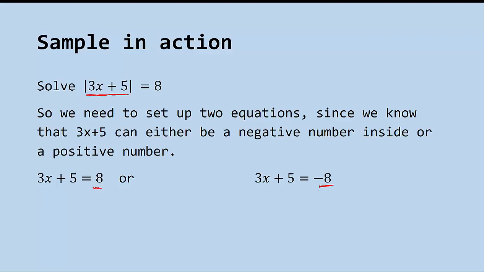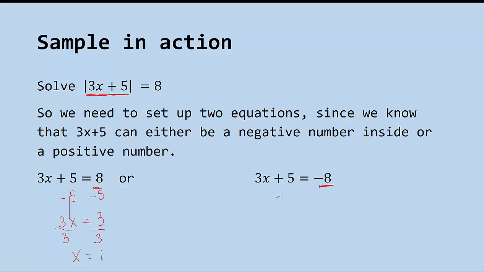So we've simply set up two equations. One is equal to positive 8. The expression is then equal to negative 8. At this point, we just need to simply follow through with our algebra. So on our left equation, we're going to get 3x equals 3, so divide both sides by 3, and x is equal to 1. So that's one of our solutions.